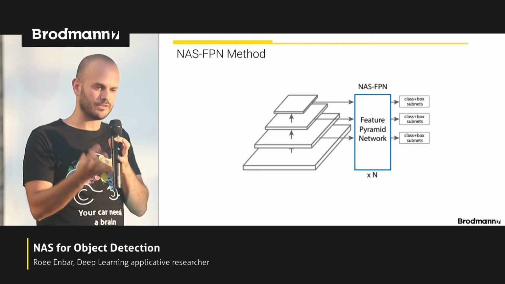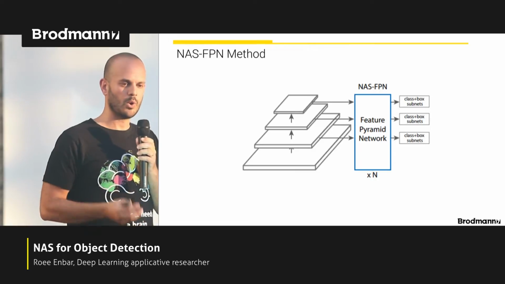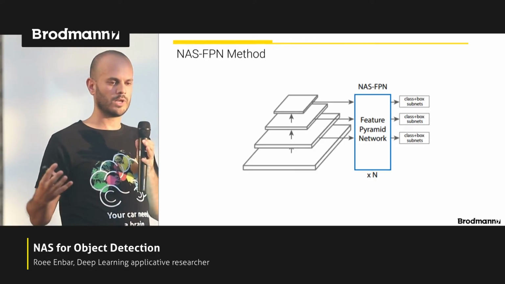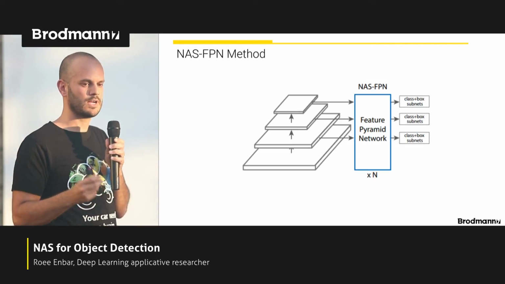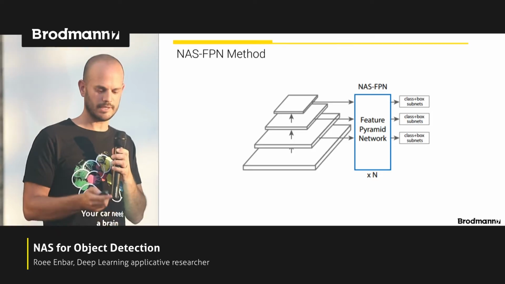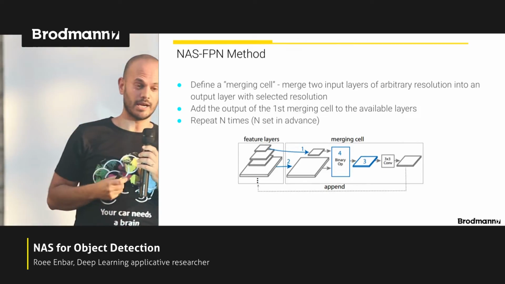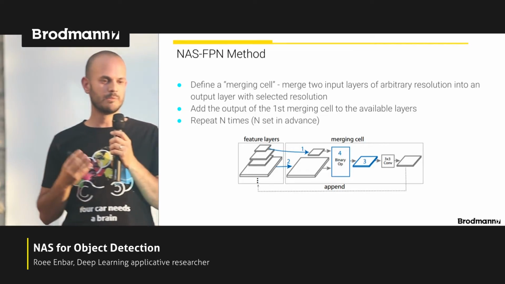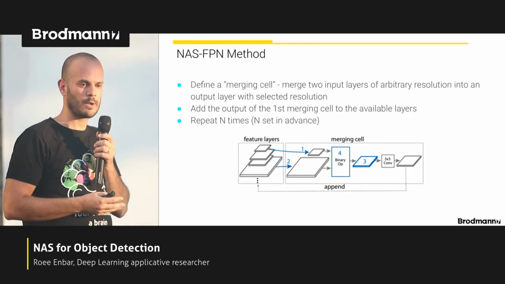So first of all, how do we define the feature pyramid network outside of the original FPN paper? We say we have a backbone model. We want to put it in some black box, which we call the feature pyramid network. And we want the features to be merged in some way for our detection heads. So they defined a merging cell, whose input is 2 layers from the backbone model.